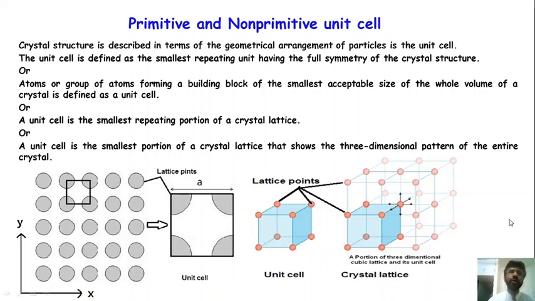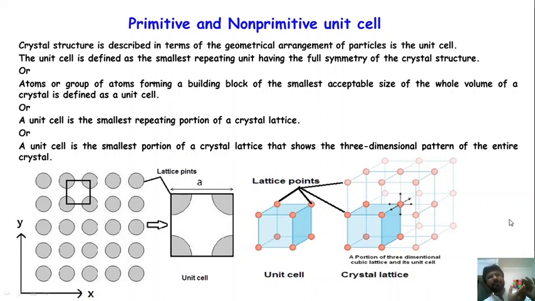we are going to see in detail the primitive and non-primitive unit cell also. A crystal structure is defined in terms of the geometrical arrangement of the particles in the unit cell. Now here is the figure, this is the block which contains the different unit cells.